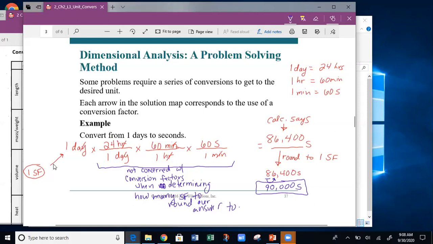So since this is one sig fig, my final answer is rounded to one sig fig.